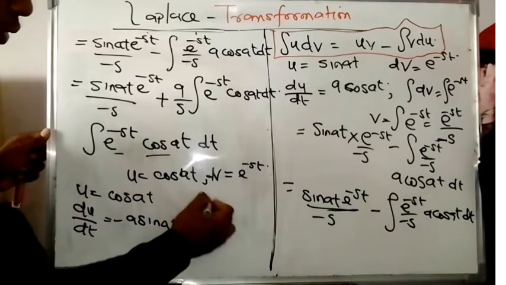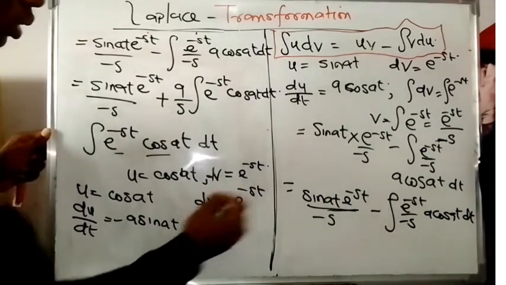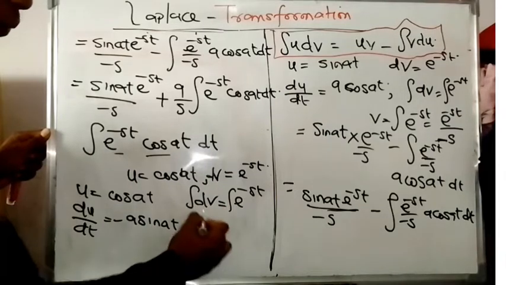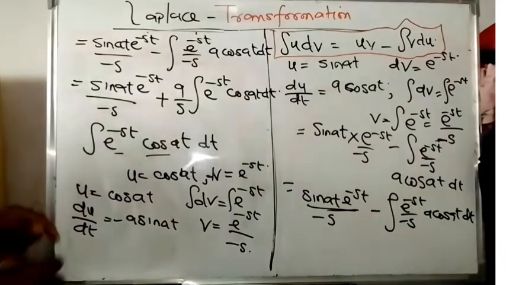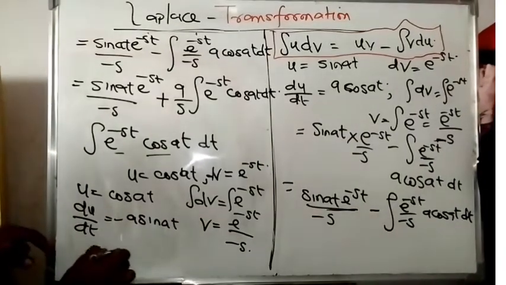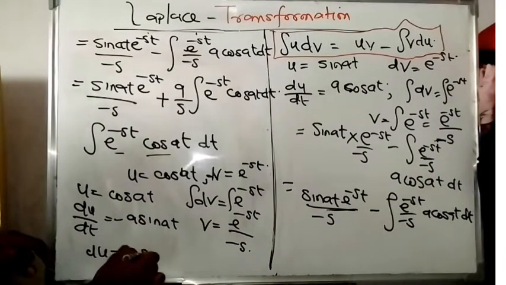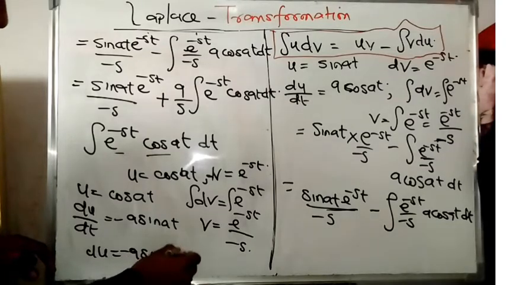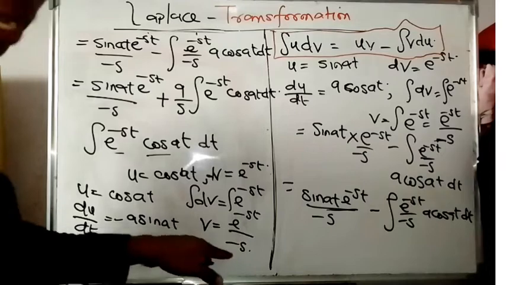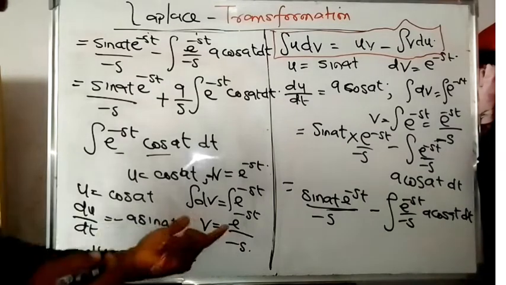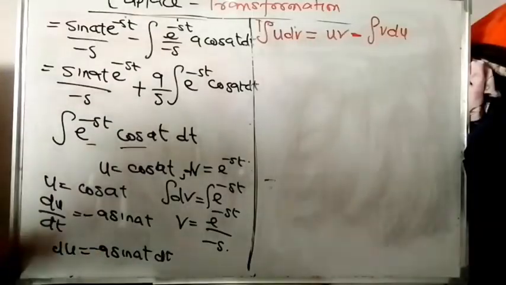So my dv, which is the exponential of minus st, integrating gives v equals the exponential of minus st divided by minus s. I'm having my du, which is minus a sine at dt, and my v, which is the exponential of minus st divided by minus s. So I've got my du and my v.